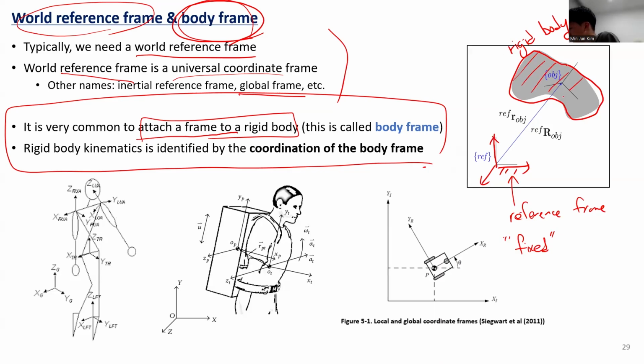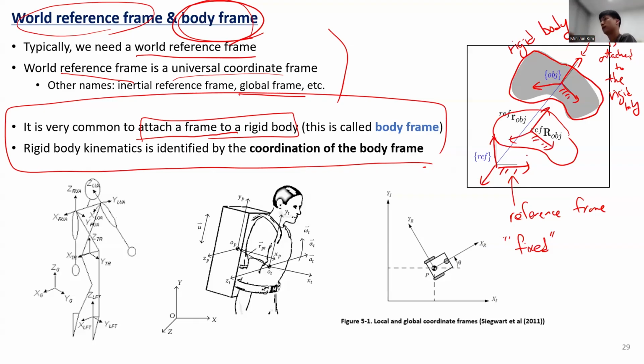On this rigid body, we often attach a frame to the body. So this frame is attached to the rigid body. If this rigid body translates like this, then this body frame translates together because it is attached to the body.